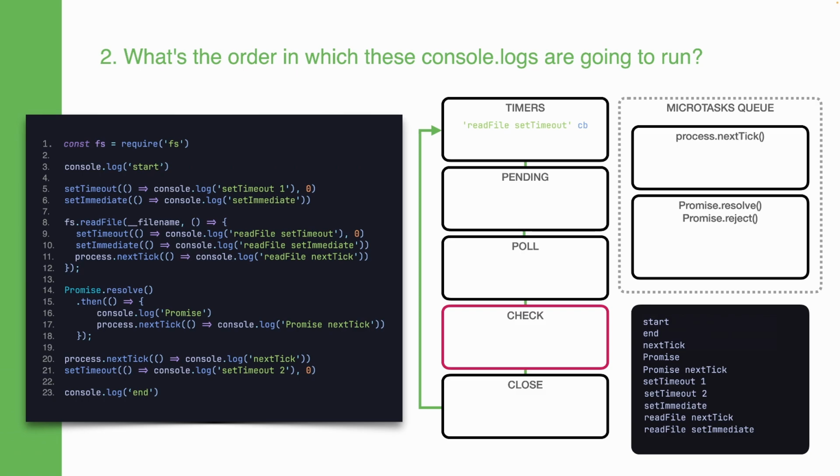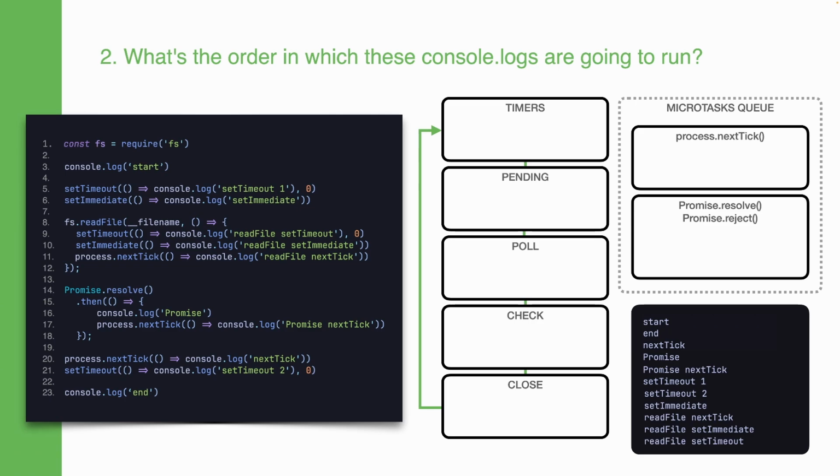Now, the primary advantage of using setImmediate over setTimeout is that setImmediate will always execute before any timers when scheduled within an I/O cycle, regardless of the number of timers present. And so, finally, read file setTimeout gets logged to the console. In the bottom right corner, you can now see the complete console output of running that script.